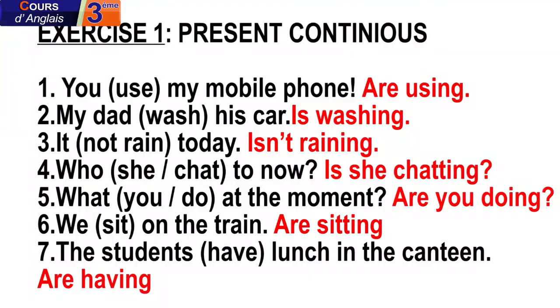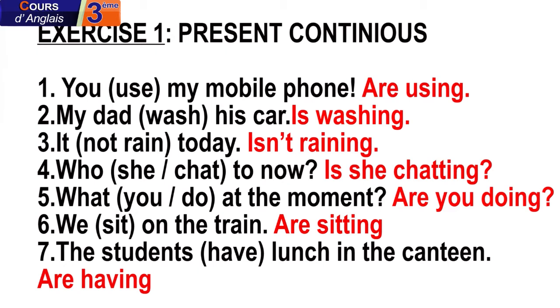Now, let's practice. I'm going to give you an exercise, and you will put the different verbs in the present continuous tense. Sentence number 1. You use my mobile phone. Sentence number 2. My dad washed his car. 3.